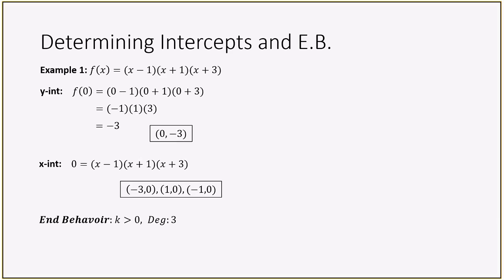I'll term each factor. The first factor, x minus 1, has a power of 1, there's that invisible 1. x plus 1 is a power of 1. x plus 3 is a power of 1. So if I multiply all of these things together, I know that I would have something of a power x to the third.